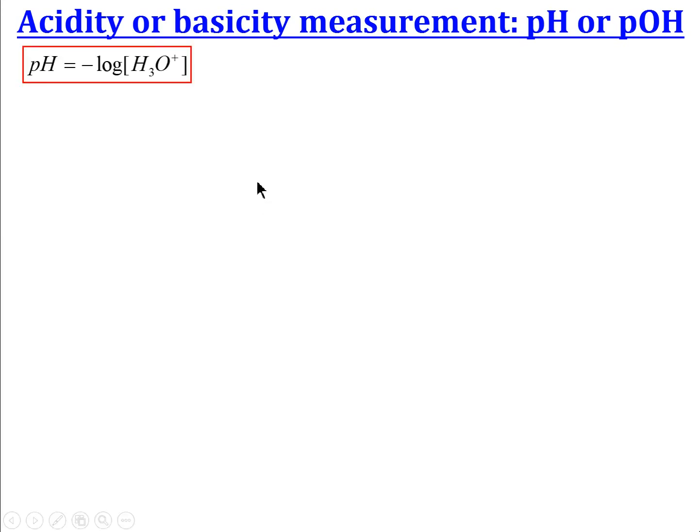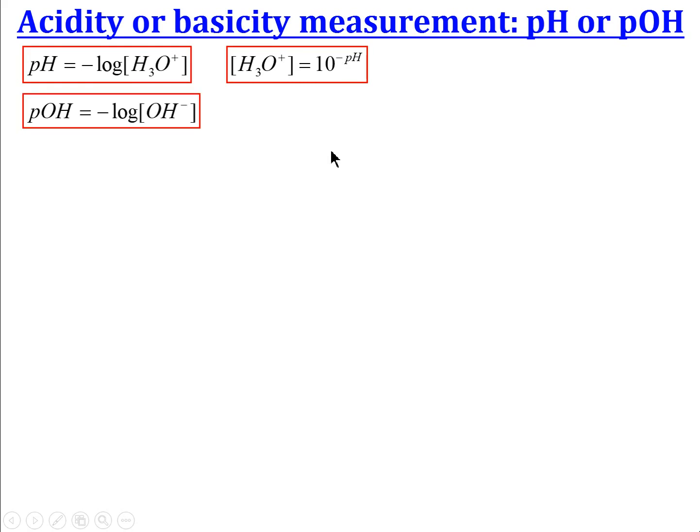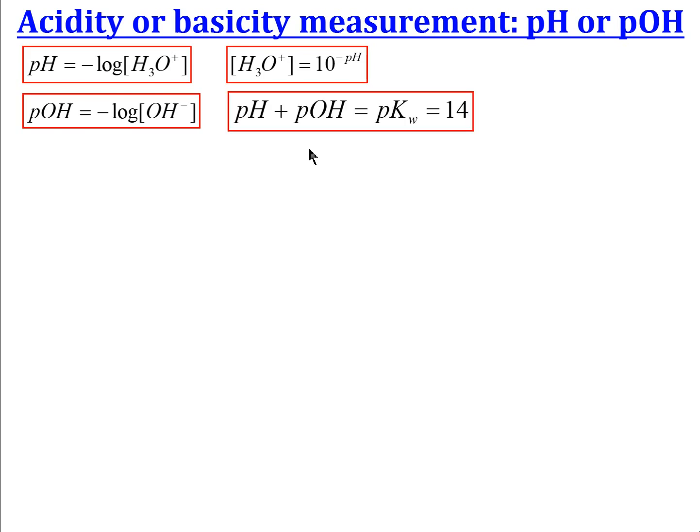By definition, pH equals minus log [H3O+] in the solution, or [H3O+] equals 10 to the power minus pH. pOH of the solution equals minus log concentration of OH- in the solution, or [OH-] equals 10 to the power minus pOH.